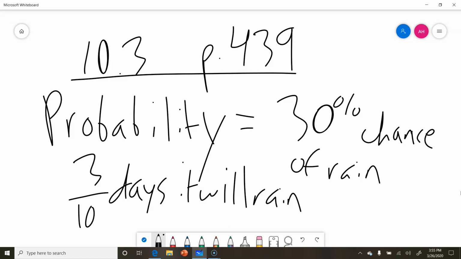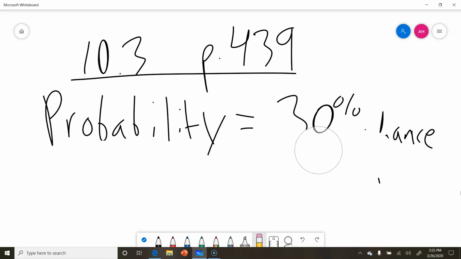Now, the official way that we're going to find what probability equals is this right here. So I'm going to clear that canvas. So the official way for probability is a little formula.